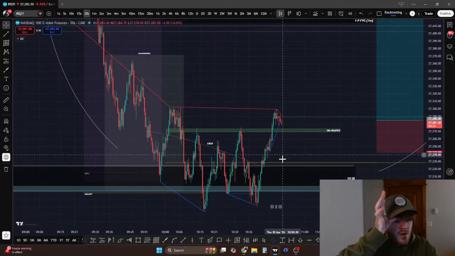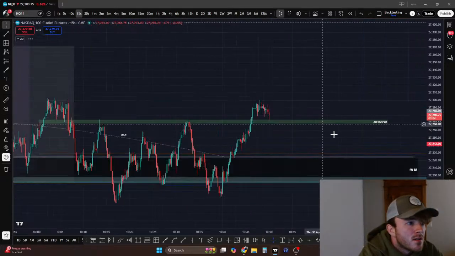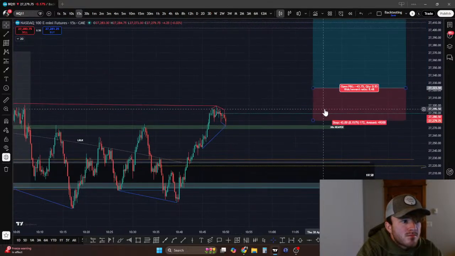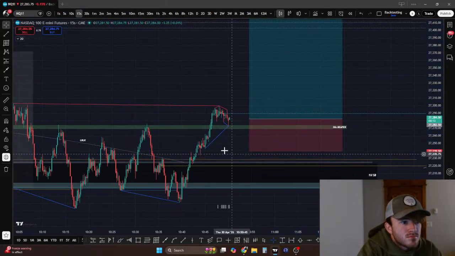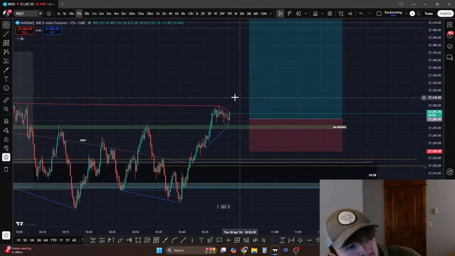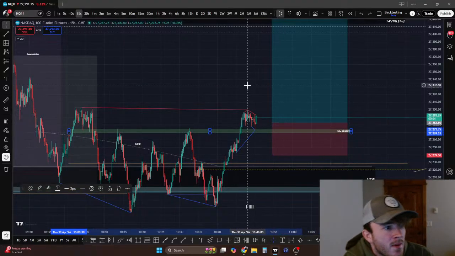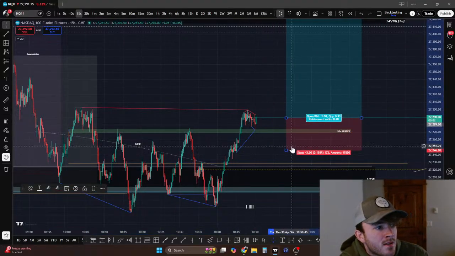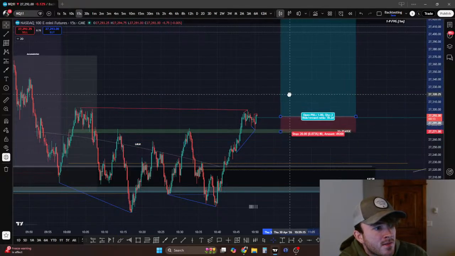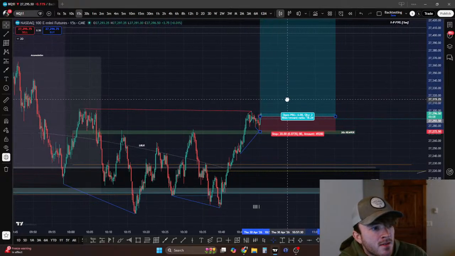Either that, or we come down to this 2022 fair value gap. So we don't have the new true opens yet, so I'm not convinced it's ready to go. So I'm gonna wait. We don't have the new true opens yet. I'm waiting. If it goes higher here, then so be it. It might.